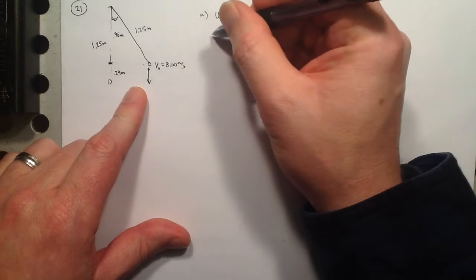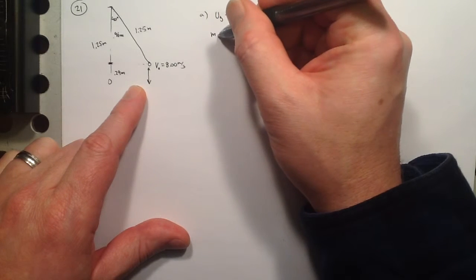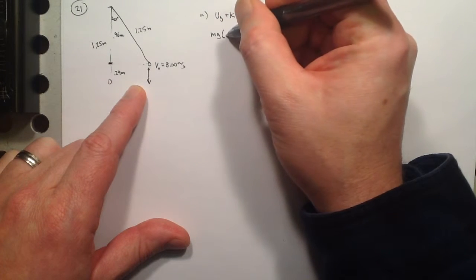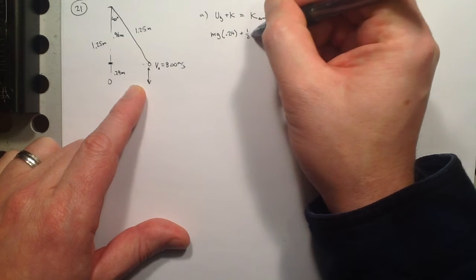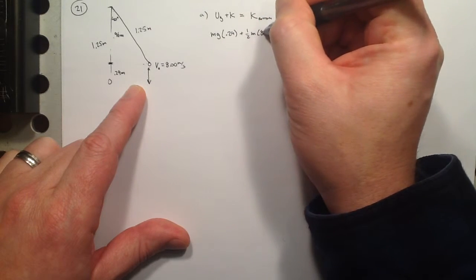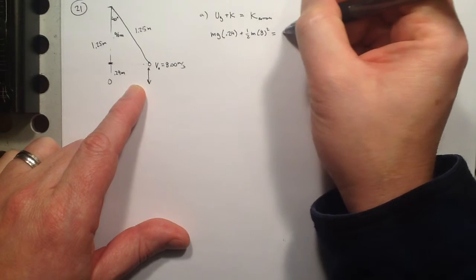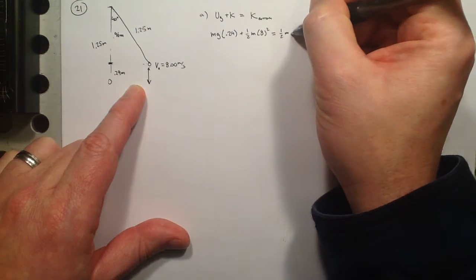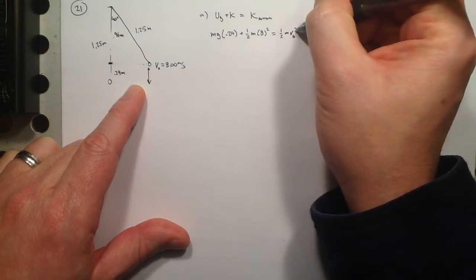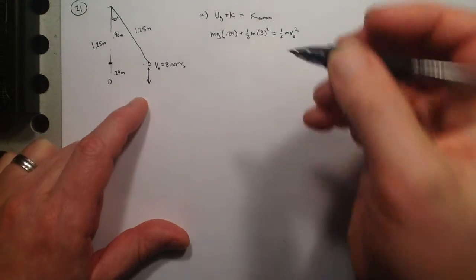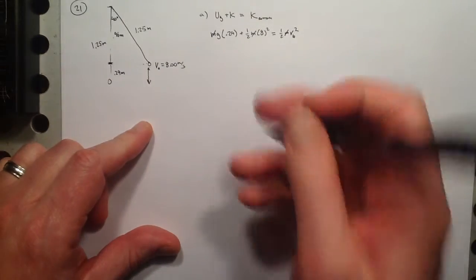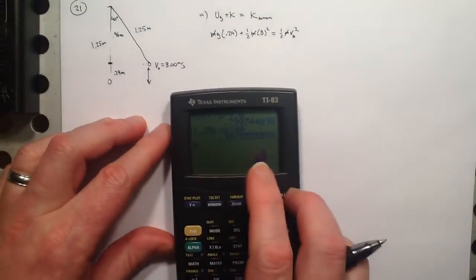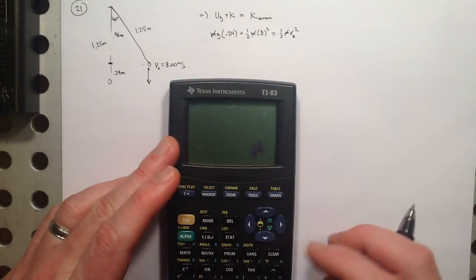So this would be mgh plus 1/2 mv squared is equal to 1/2 m velocity at the bottom squared. The m's cancel out, as they often do.